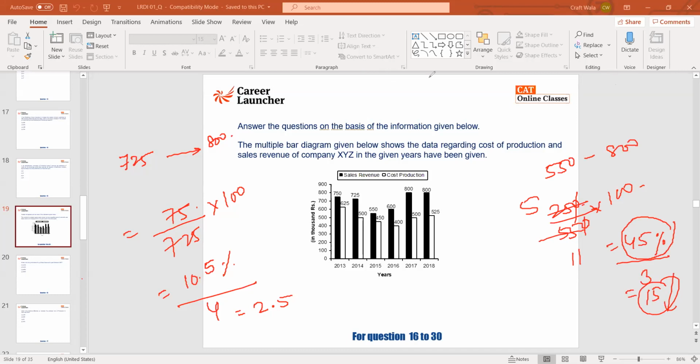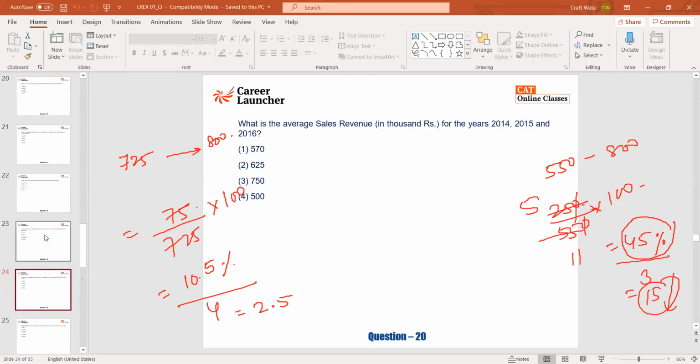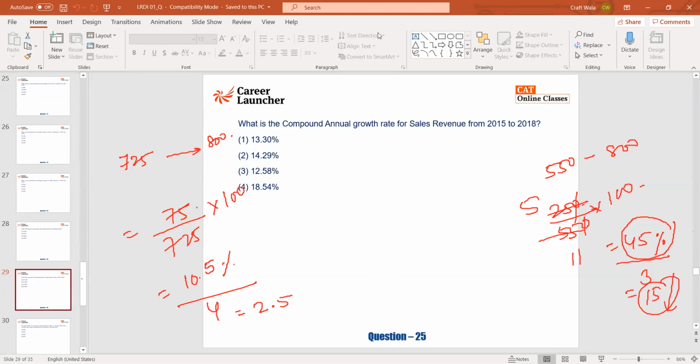Let's see what are the answer options. Okay, so answer option 4 is not valid. So either it should be 13, 14 or 12. Right? So what about others? What have others got?